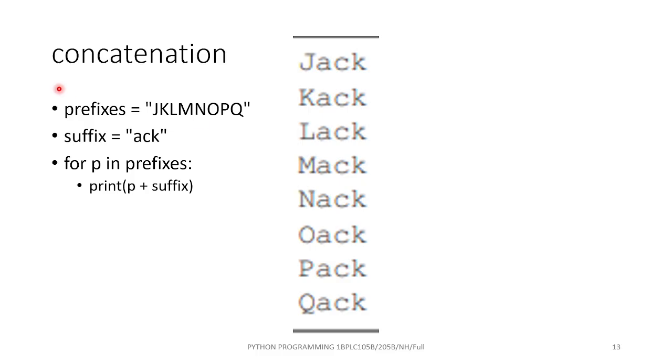J, K, L, M, N, O, P, Q. Jack, Kack, Lack, Mack, Nack, Oack, Pack, and so on. ACK is concatenated after each and every character that is accessed using the for loop.